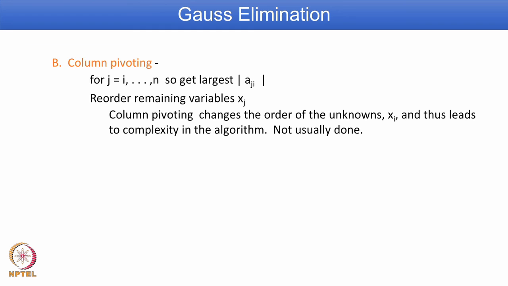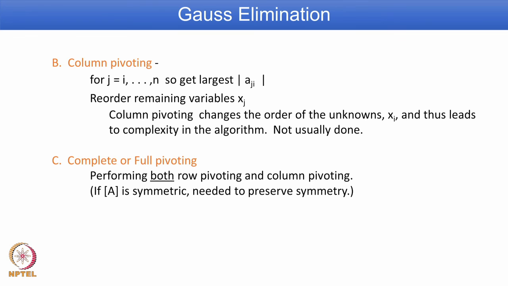Next pivoting is column pivoting. For j 1 to n, get the largest value. So, this is like row pivoting. Instead of row we consider column, and reorder the remaining variables x j. This column pivoting results in changing the order of the unknowns x i. Hence, it may lead to complexity in the algorithm, and this is usually not preferred.